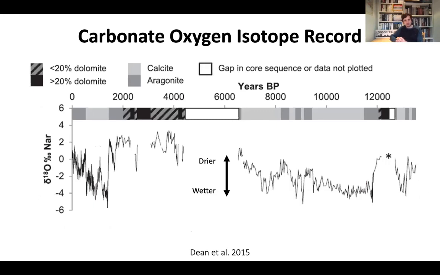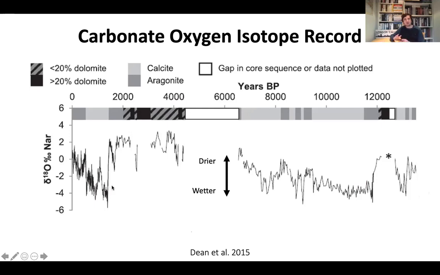So this is an example of a study that I've been involved in. This is reconstructing how, in this case, the precipitation evaporation ratio, so climate change between wet and dry, changed going back through time. This is a sediment core taken from a lake in Turkey, and this is the oxygen isotope ratio, with higher values upwards and lower values going downwards.